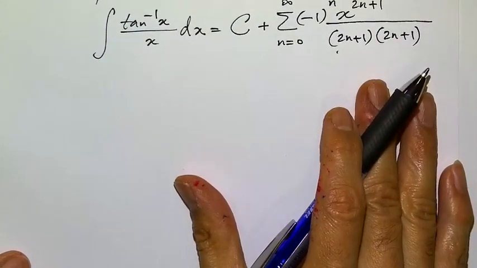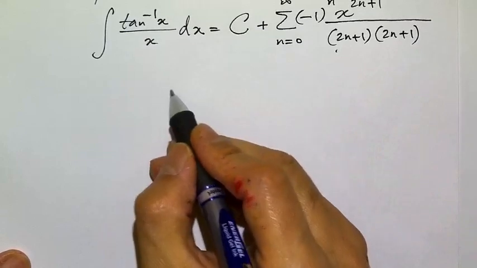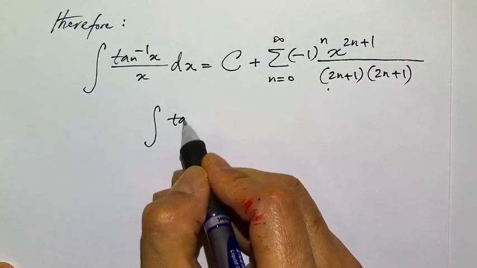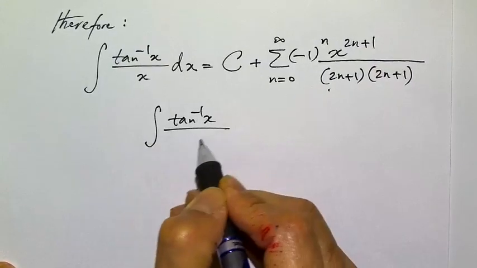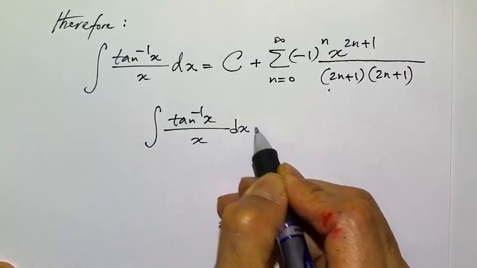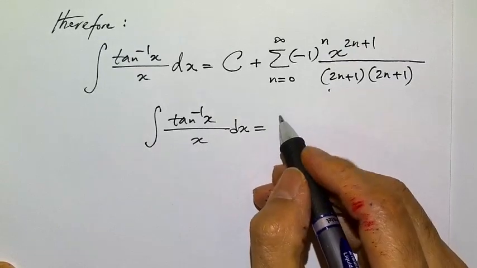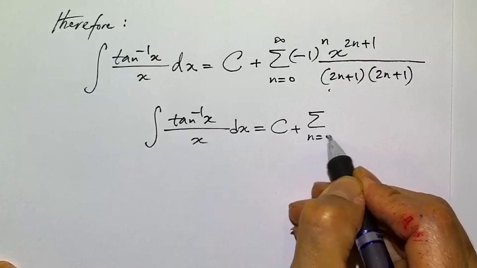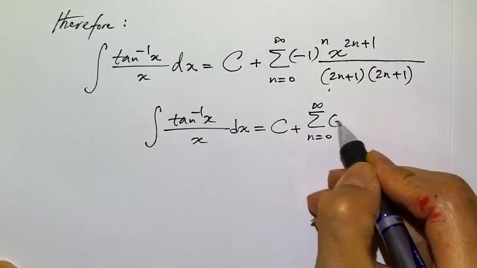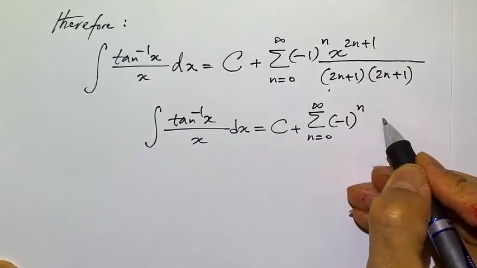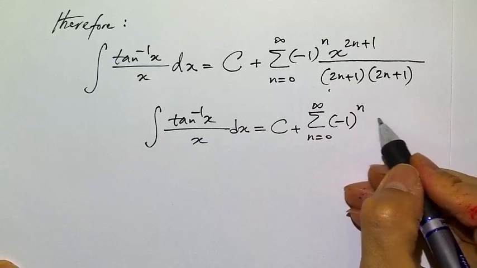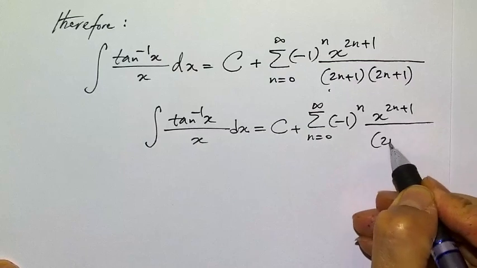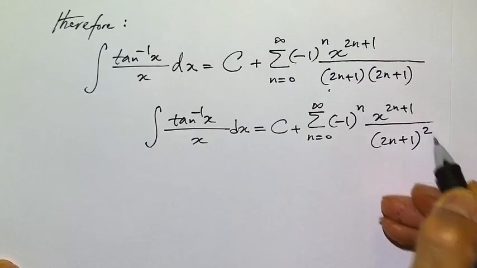So let's do that. And we have c plus x to 2n plus 1 power divided by 2n plus 1 squared.